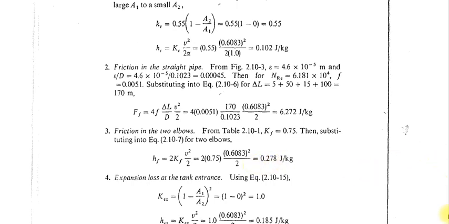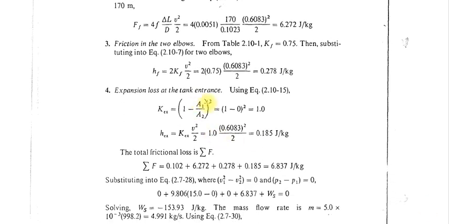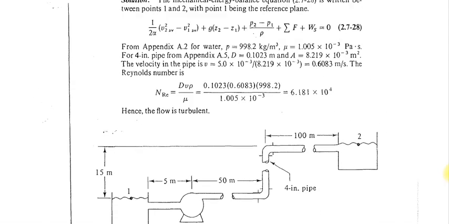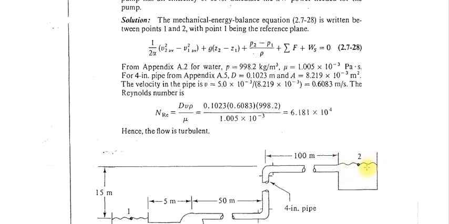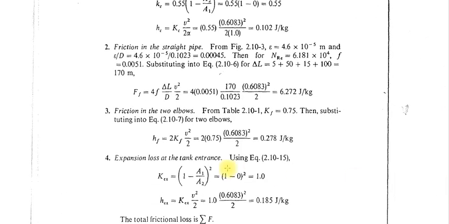Then you have to calculate the energy loss in the sudden expansion. Here also V1 is greater than V2. Why? Because in the original diagram, the diameter of tank 2 is significantly larger than the diameter of the pipe, so you can assume that the ratio A1 by A2 is 0, and Kex will come as 1.